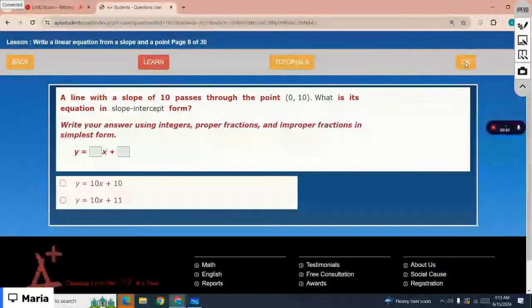A line with slope of 10 passes through 0, 10. What is its equation in slope intercept form? So which is the correct option?